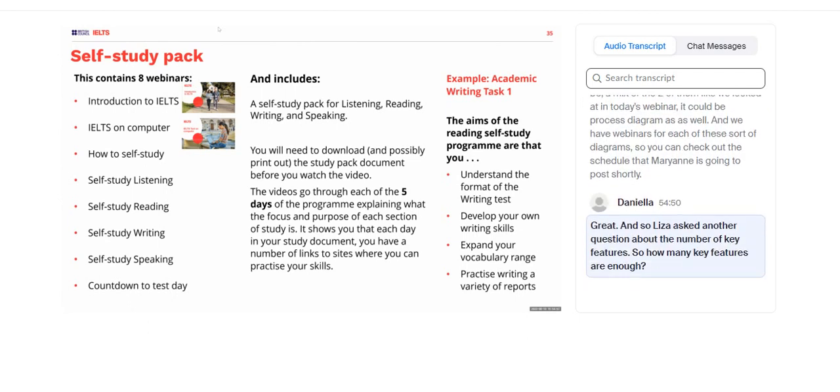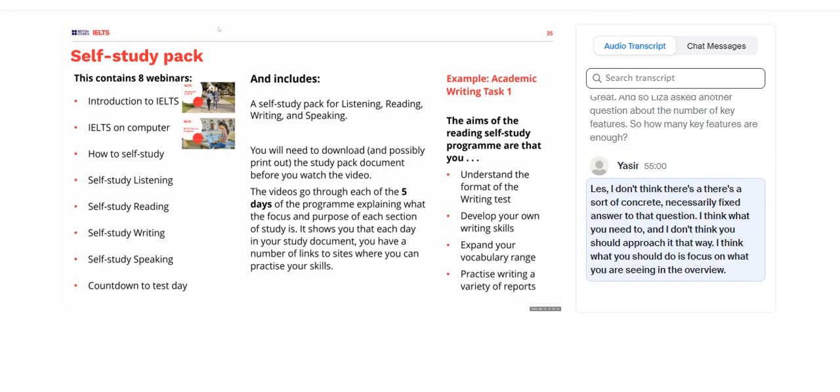Great. So Liza asks another question about the number of key features. So how many key features are enough? Like I said, I don't think there's a concrete, fixed answer to that question, and I don't think you should approach it that way. I think what you should do is focus on what you are saying in the overview.